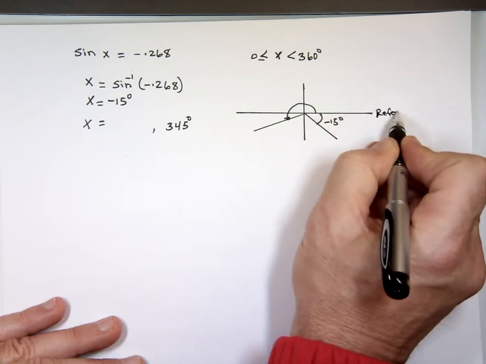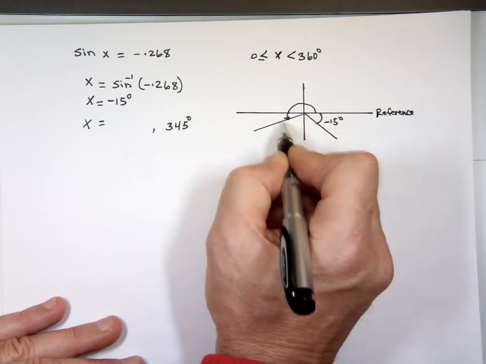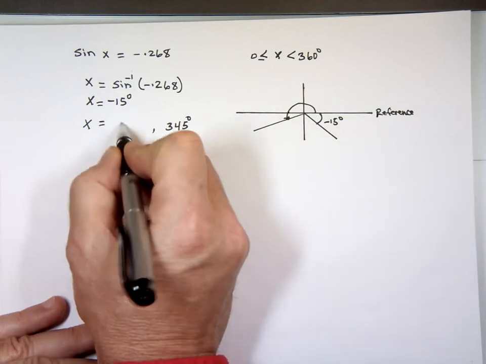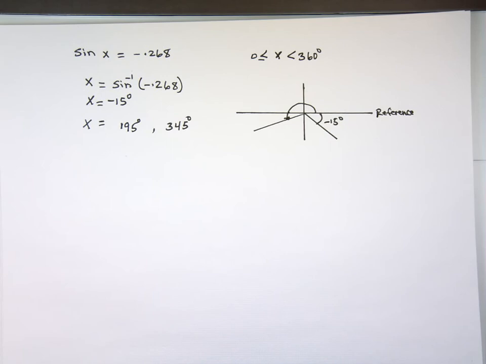From here to here is 180, and this opening is the same size as that one. So 180 plus 15, 195. So when you're doing a sine, just fold the paper along the y-axis.